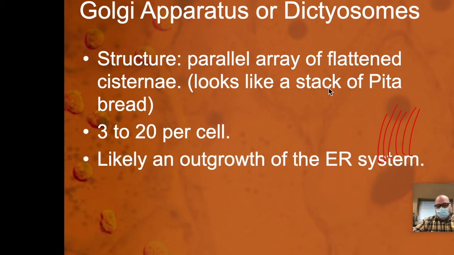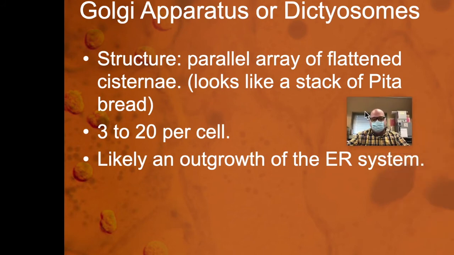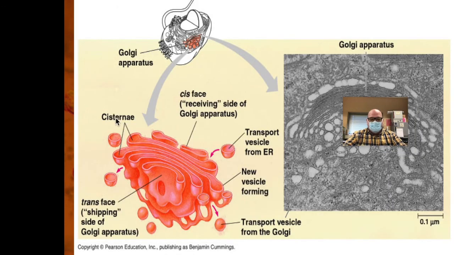So, from an evolutionary point of view, we just feel like this is an extension, or a furthering, of the endoplasmic reticulum. So these guys are closely related. It doesn't have those rough areas like the endoplasmic reticulum does, but you'll see in cells, it sort of has an in and an out section.